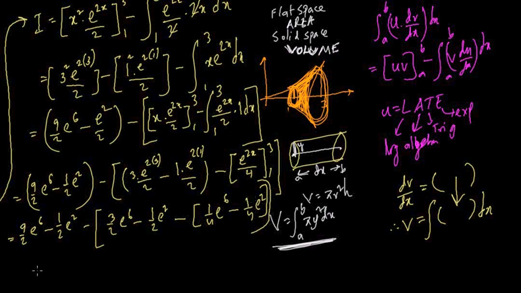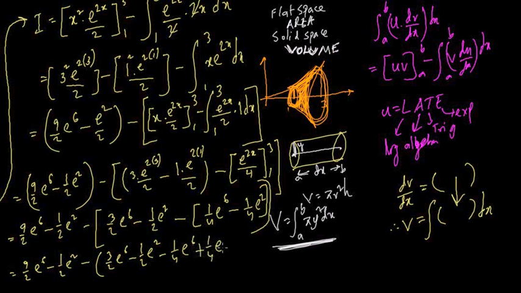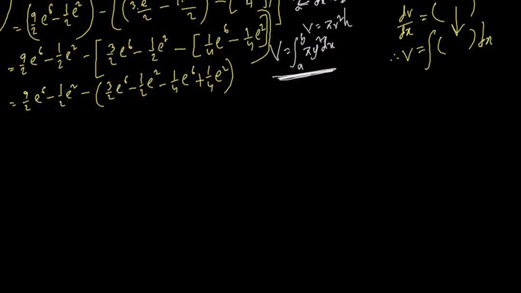Okay, be careful about the brackets. So this would be 9 by 2 e to the power 6 minus 1 by 2 e to the power 2 minus 3 by 2 e to the power 6 minus 1 by 2 e to the power 2 minus 1 by 4 e to the power 6 minus 1 by 4, minus minus will become plus e to the power 2.